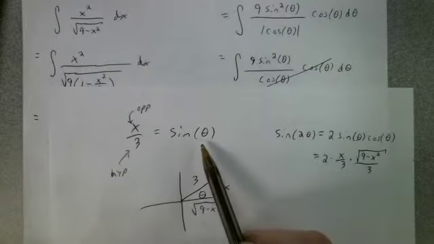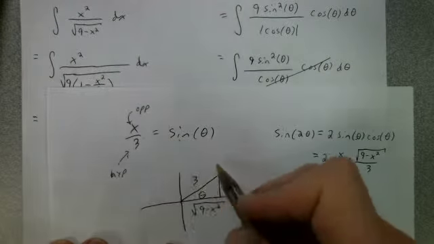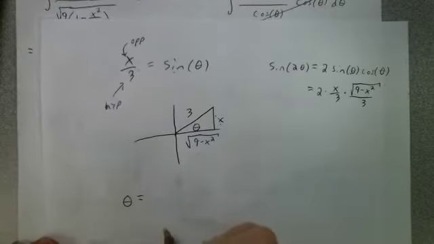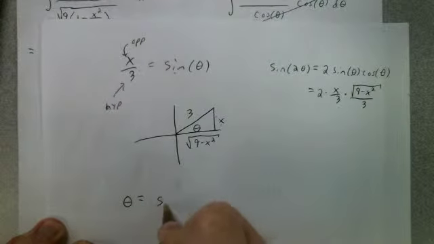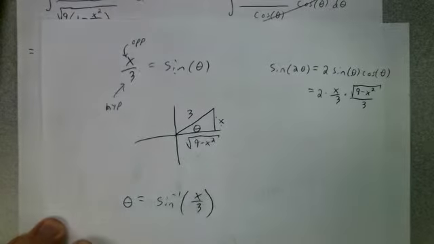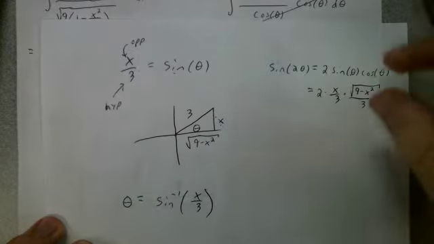Well, look what we have here. Sine of theta is x over 3. What that means then is theta is the sine inverse of x over 3. I know that because I took theta to be angles between negative pi over 2 and pi over 2. Sine inverse spits out angles between negative pi over 2 and pi over 2. So this works.